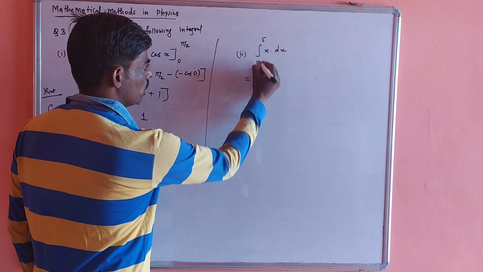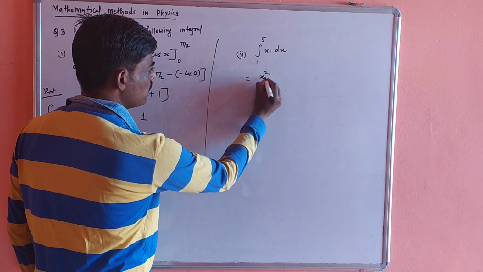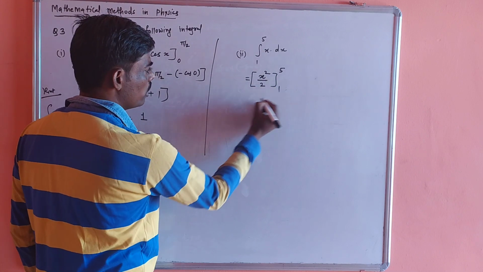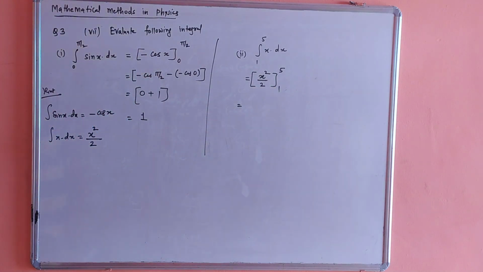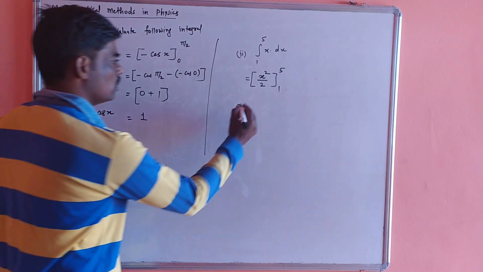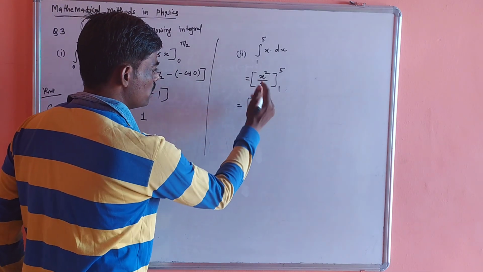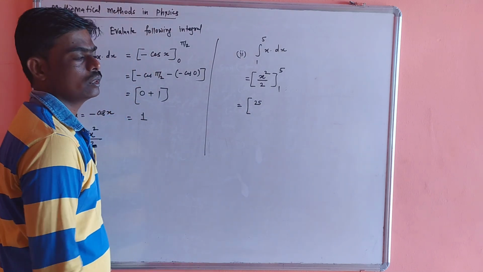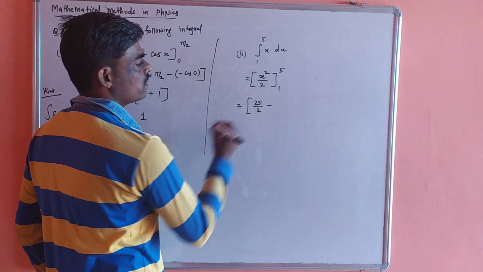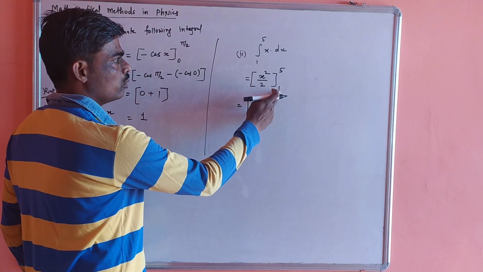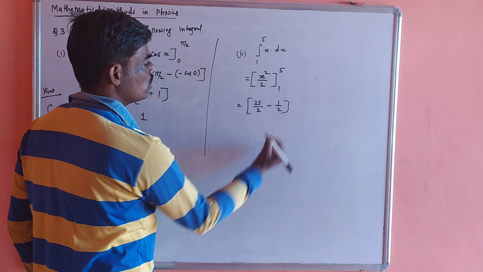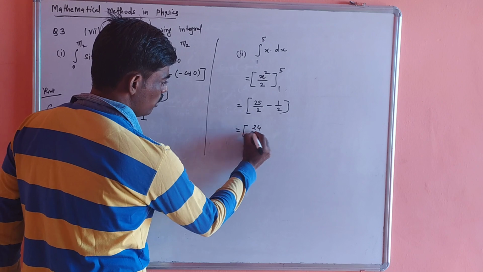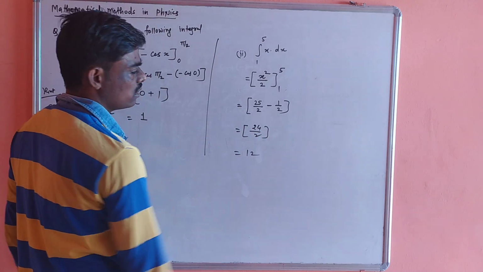So the integration of x dx is x square by 2, and the upper limit is 5, lower limit is 1. Now substituting the limits, what do we get? Firstly keep the upper limit, 5 square becomes 25 divided by 2, minus the lower limit, 1 square, which means 1 by 2. So what we get here is 24 by 2, and the final answer is 12.